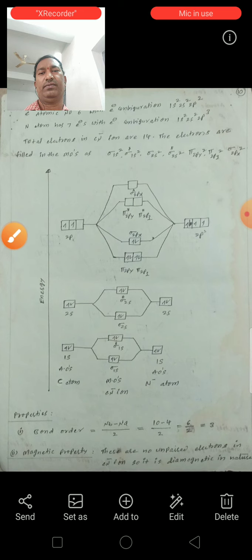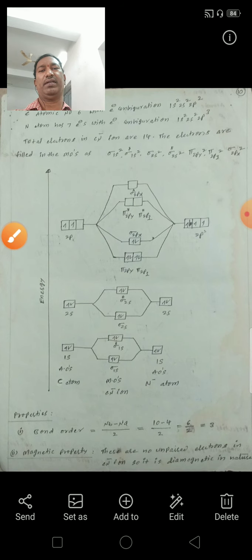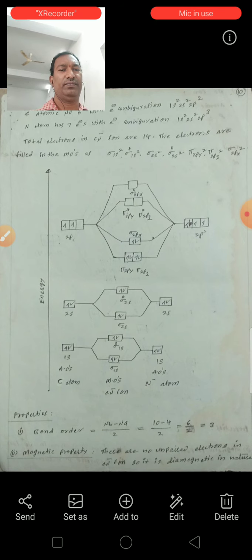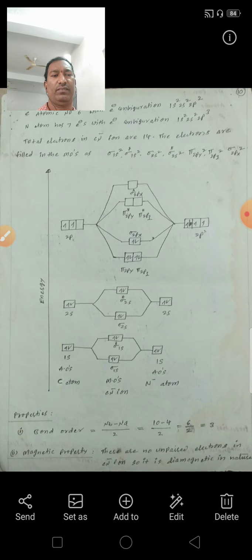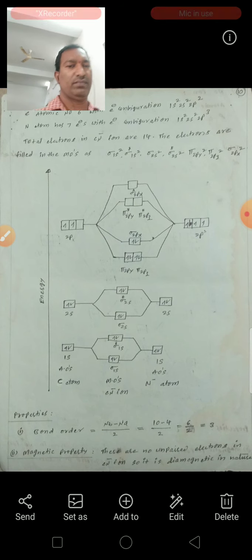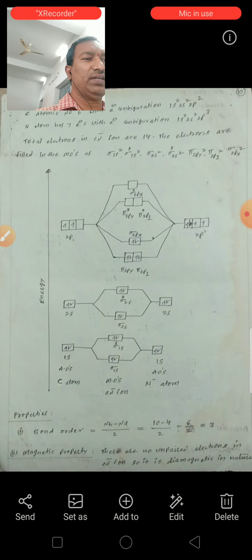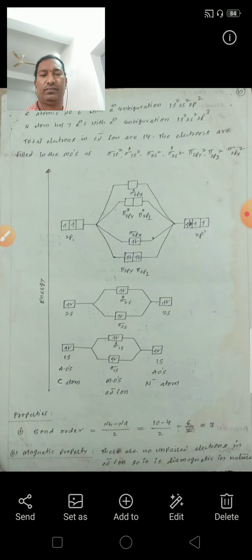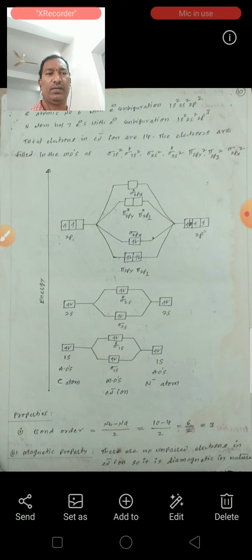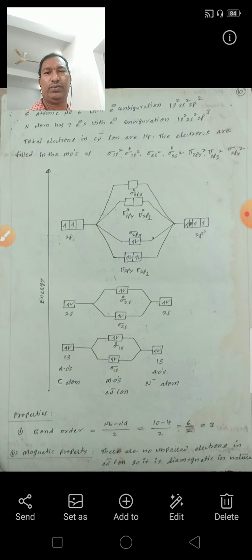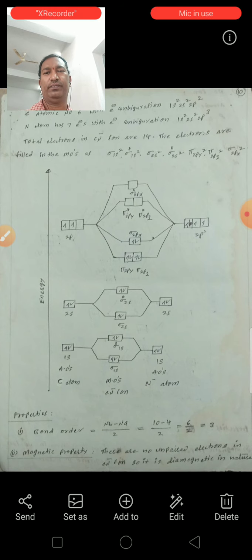See next. Your carbon atomic number is 6. So the electronic configuration of carbon is 1s2, 2s2, 2p2.